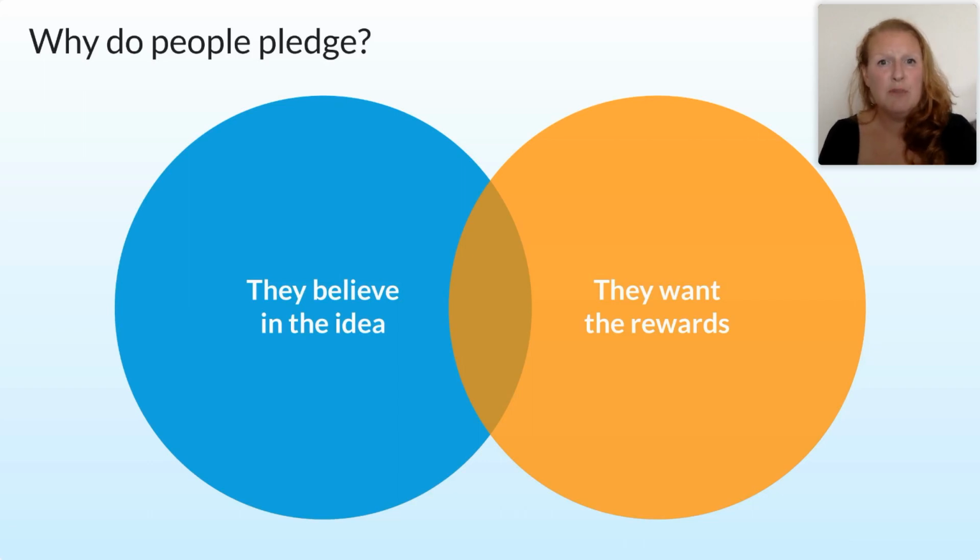There are two groups of people that will potentially pledge on your project, and we've talked about this blue group quite a bit. So the people that believe in you and believe in your idea, that's going to be your core network, or people within your industry, people that you already work with and you have existing connections with. There will also be a group of your supporters that are really interested in the types of rewards that you have on offer. So do use those rewards listed as a way to promote your campaign as well.